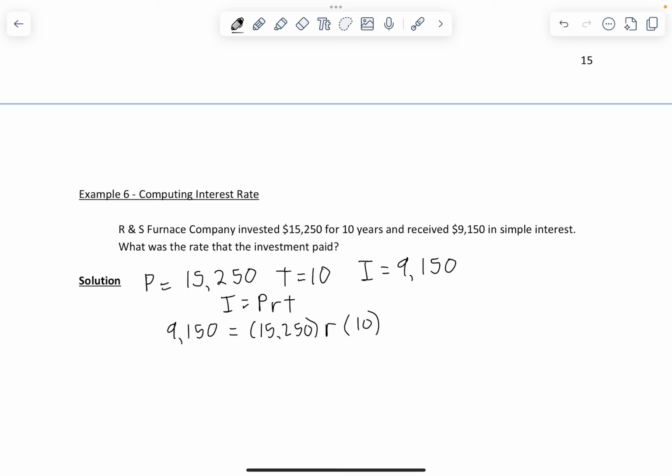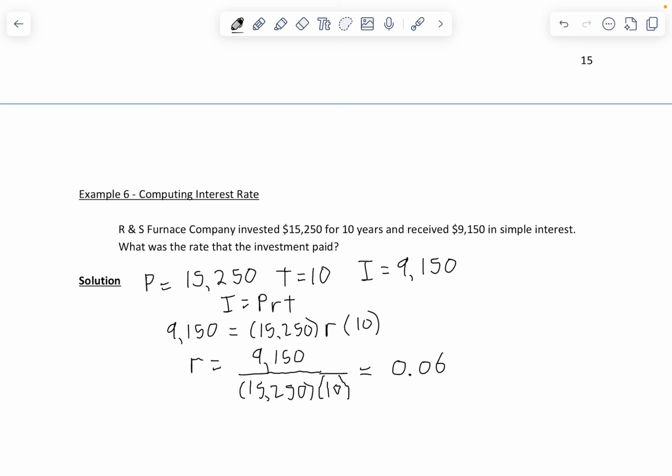So if I solve this for R, I'm going to get R is equal to 9,150 over the product of 15,250 times 10. Pop that into your calculator and you would get 0.06. And we could put that in percentage form as 6%. So the interest paid on the investment was a 6% interest rate.